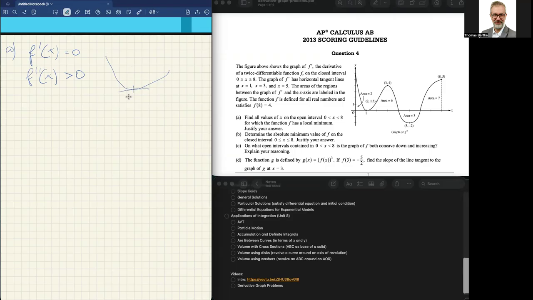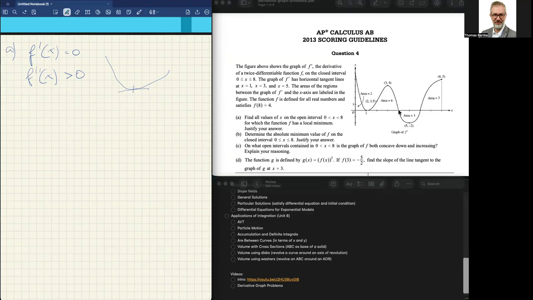All right, so let's find it. The candidates for f prime of x equals 0 are 1, 3, and 5, as given here in the problem and also in the graph. And now we just have to see where f double prime is greater than 0 at these places.